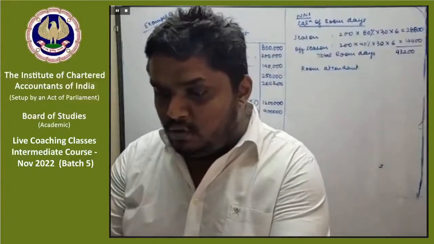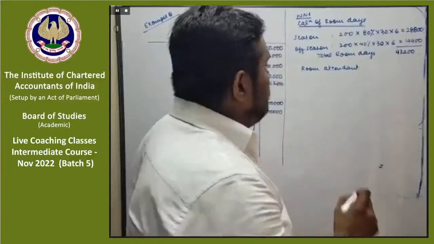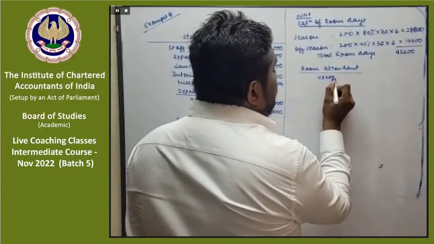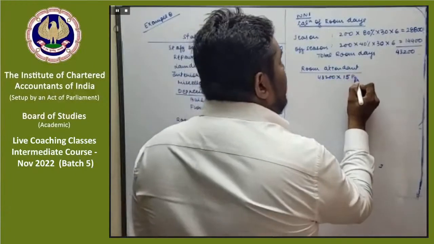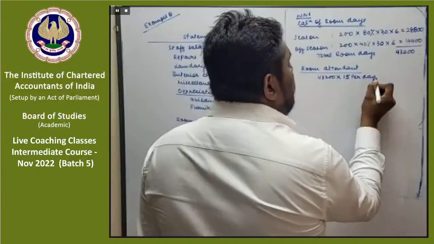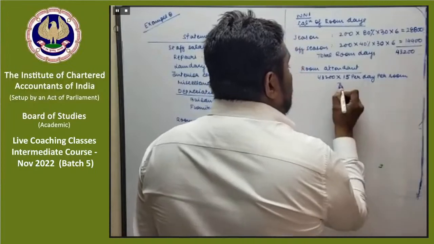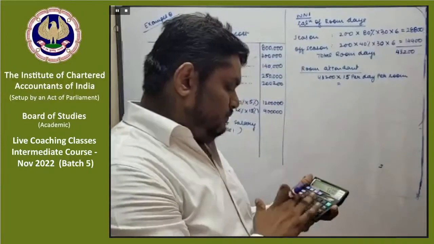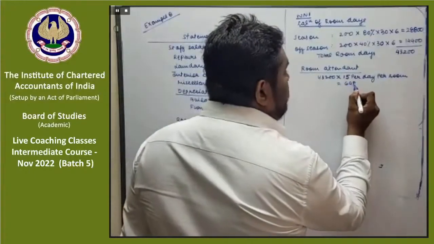They have written room attendant 43,200 into rupees 15 per day per room. So this will be 6,48,000 rupees.